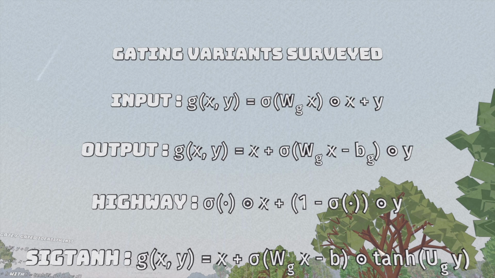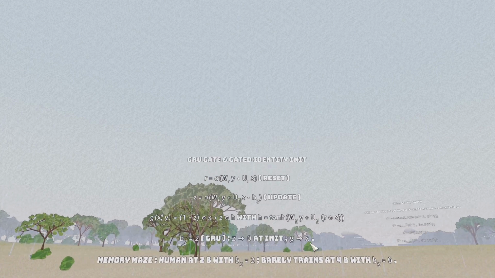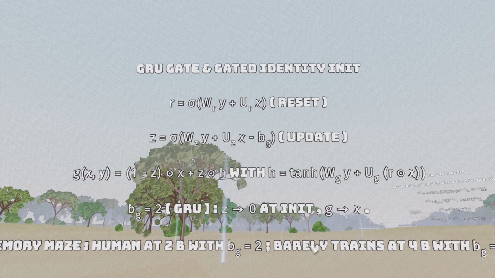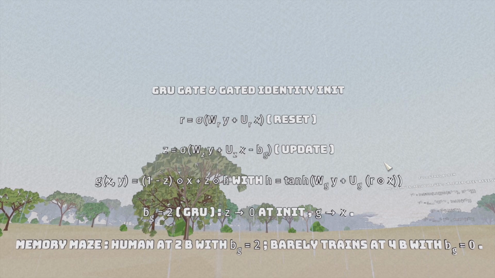The sigmoid-tanh variant adds a tanh on the sublayer side. The GRU gate adapts the GRU cell with the sublayer output playing the role of the recurrent target. And it is the most expressive of the 5, they argue. And the empirical claim is that their GRU wins on stability, robustness, and overall performance across their ablations.